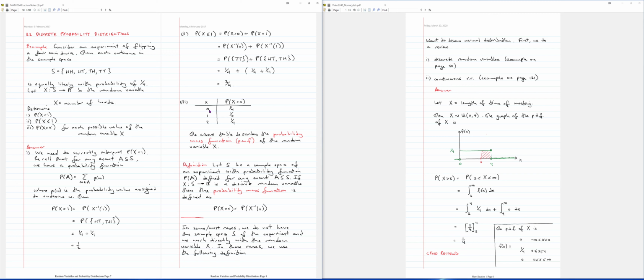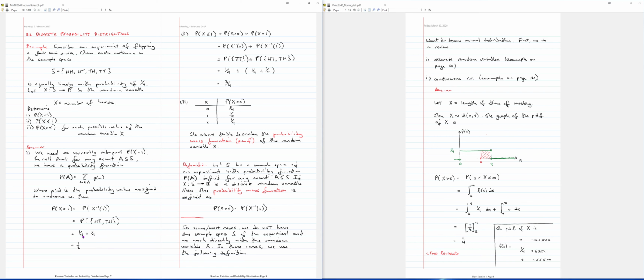With each of these, for example X equals 1, if you want the probability of X equals 1, that is the probability that you get exactly one head. The cases of one head are these two over here. So the probability of X equals 1 is the probability of falling into one of these two cases.